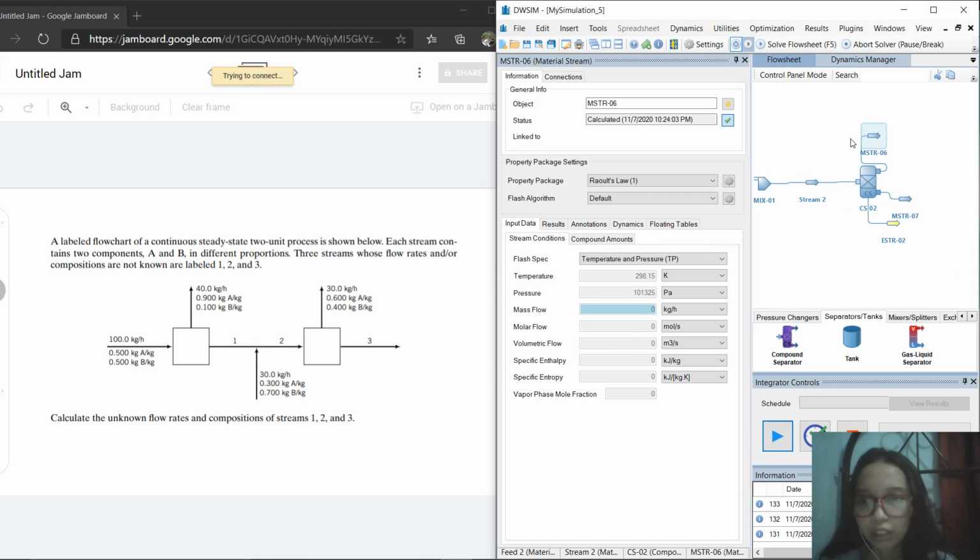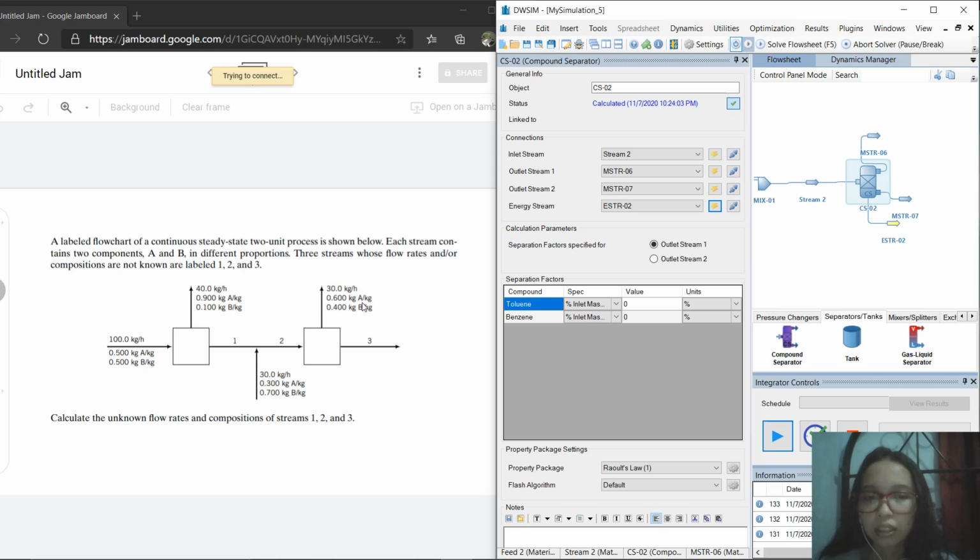Now here our outlet stream 1 is the given here, so we're just going to indicate again the mass flow rate of A and B here in the separation factors. So the value of toluene or the A is 60% of 30, which is 18, and 40% of 30 is 12, kilogram per hour.